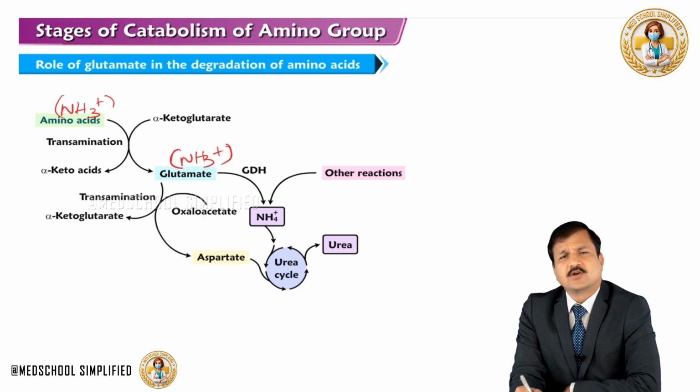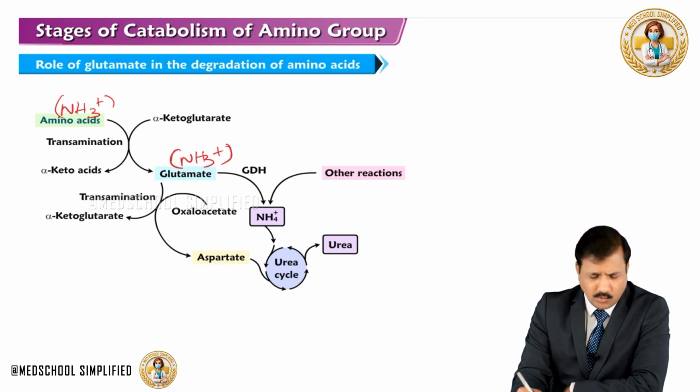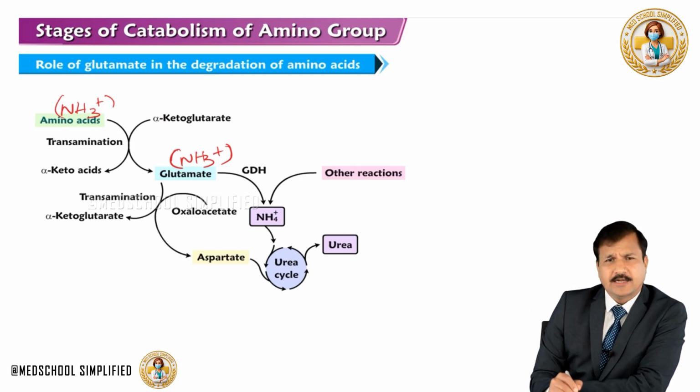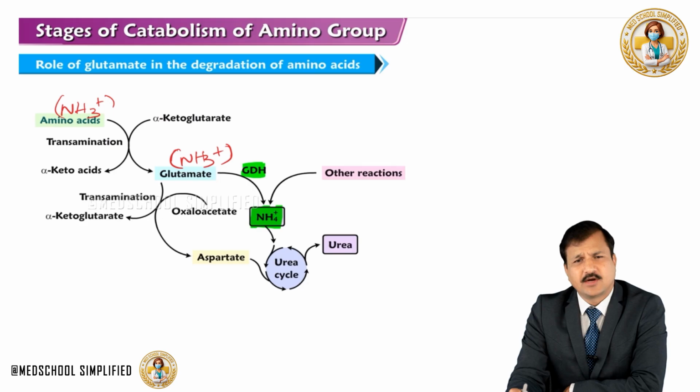Now this glutamate has two fates to go into the urea cycle. One fate of that glutamate is to go into the glutamate dehydrogenase reaction to give that ammonium ion, because glutamate dehydrogenase releases ammonium ion from glutamate.